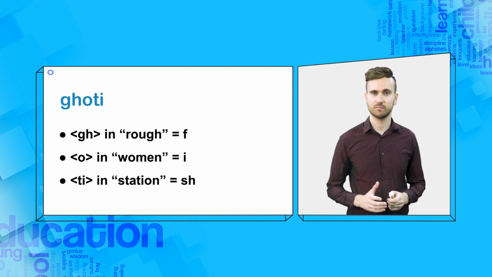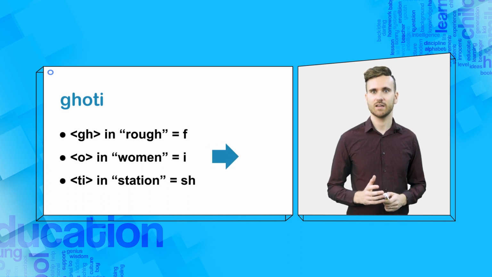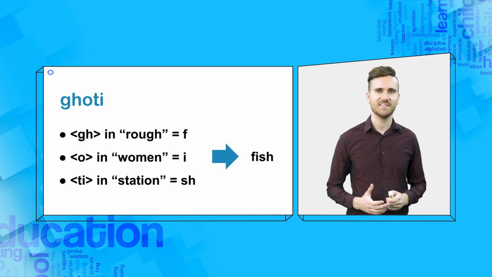Putting it together, GH, F, O, I, TI, sh gives us F, I, sh, fish. This example was created by people who argued that English spelling was very complicated and thus needed to be reformed.